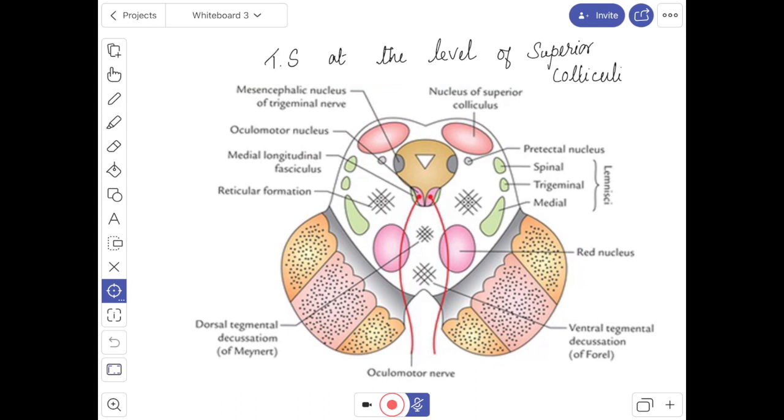The pretectal nucleus is an important part of the pathway of the pupillary light reflex and consensual light reflex. Its lesion causes Argyll-Robertson pupil, in which the light reflex is lost but accommodation reflex remains intact.